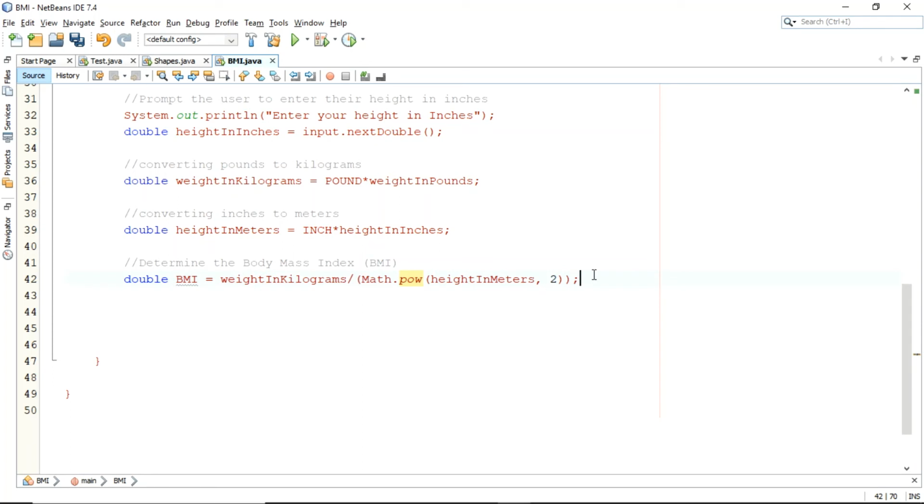So what is remaining is to print the BMI of a person and also tell them if they are overweight or if they are underweight, or if they are okay. So to do that, we shall simply print out the BMI of a person. So you use System.out. This time around you're going to use printf.